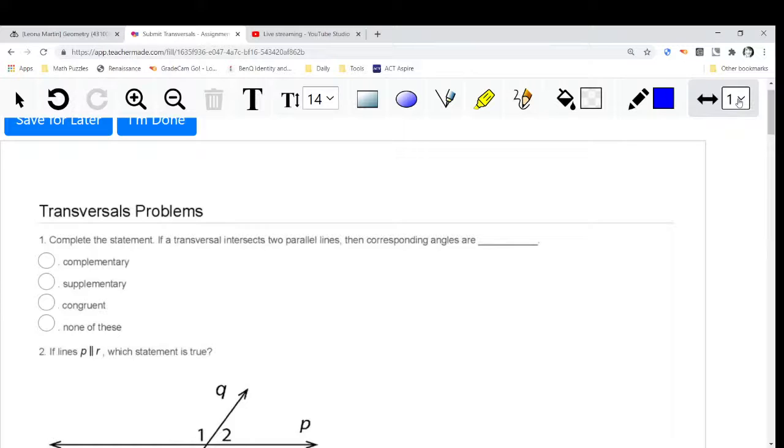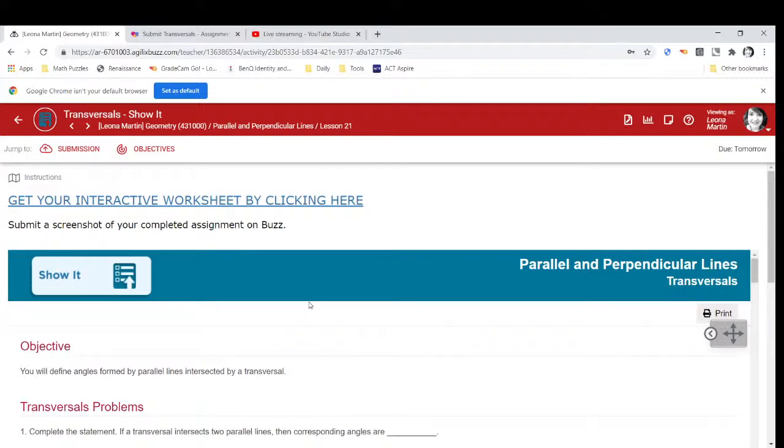Come on, come on. Ronnie, did you get signed in yet? No, Transversals. The one you're trying to do is Transversals. It's in lesson 21. Is that what it's telling you? I guess I clicked something wrong. I always click to have where it logs you in with your name. Y'all's names are in your Google, aren't they? Okay, so I should be able to tell who is who.